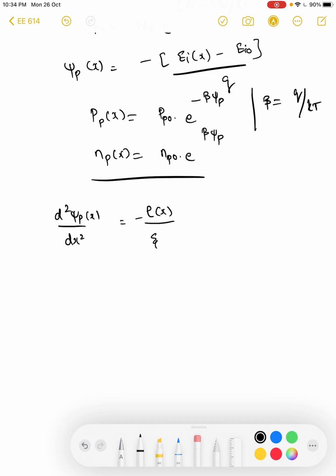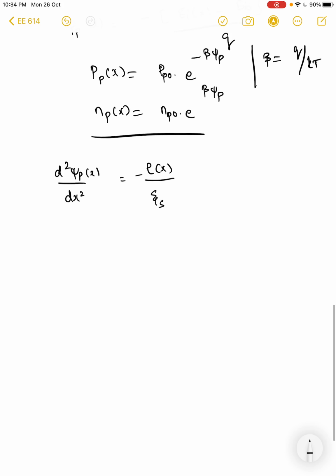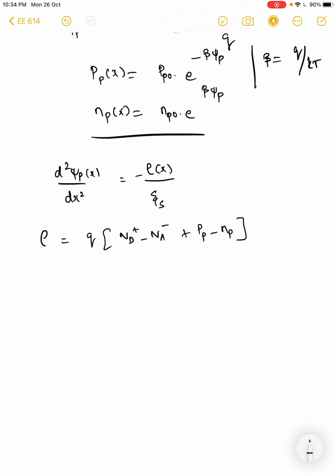You're in the semiconductor, and rho is written as q times Nd plus minus Na minus plus pp minus np. pp is the hole density in p and np the electron density in p, and these are the dopant concentrations, right?